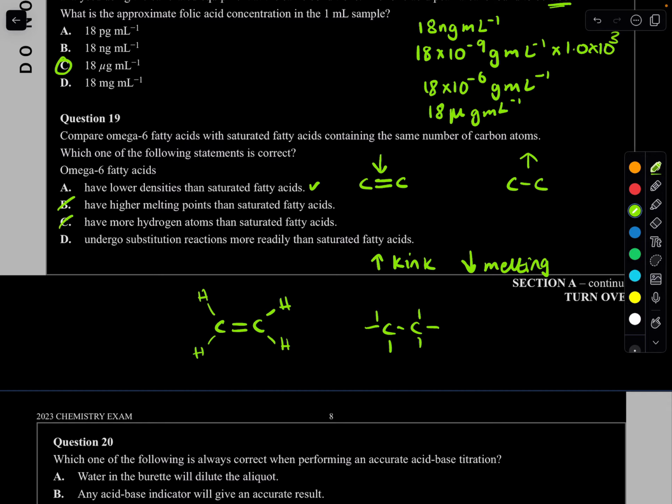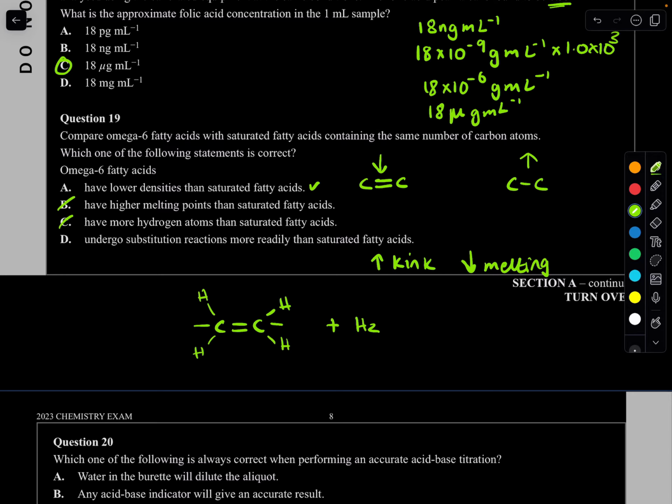D. Undergoes substitution reactions more readily than saturated fatty acids. No, that's rubbish. Because it has a double bond, it likely goes through an addition reaction. Say, for example, you have a double bond here. When you react it with H2 gas through an addition reaction, the hydrogen adds across here and here, the double bond breaks, and we get a nice saturated molecule.